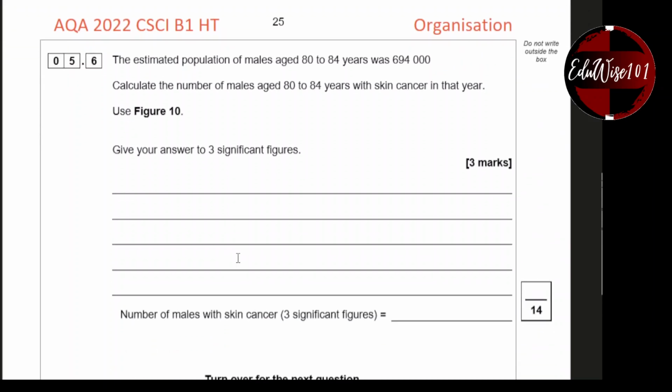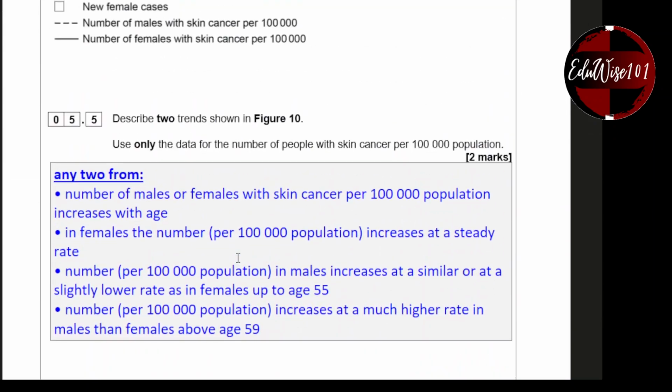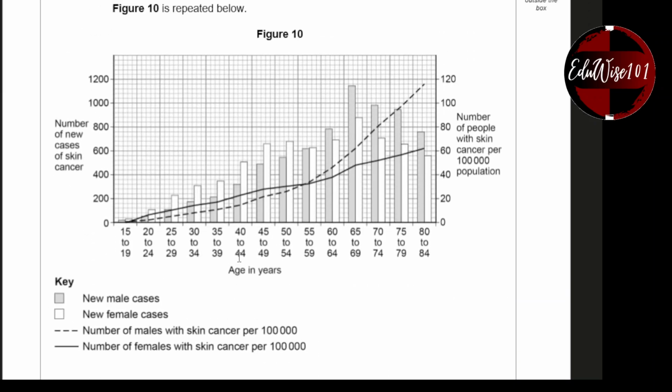The estimated population of males aged 80 to 84 years old was 694,000. Calculate the number of males aged 80 to 84 with skin cancer in that year. Looking at the graph, age 80 to 84 is at this point. That is 100, and 0 to 20 is 5 boxes, so each box is 4. That makes it 116 there.